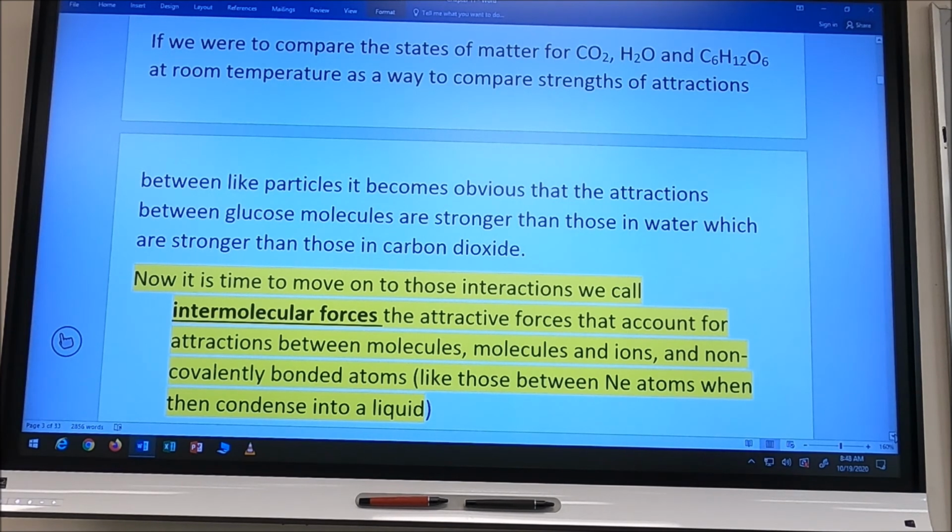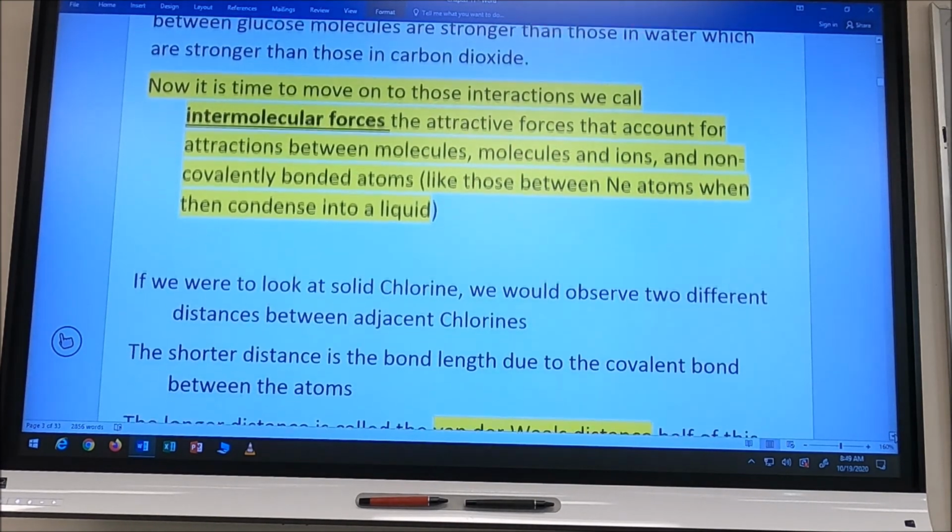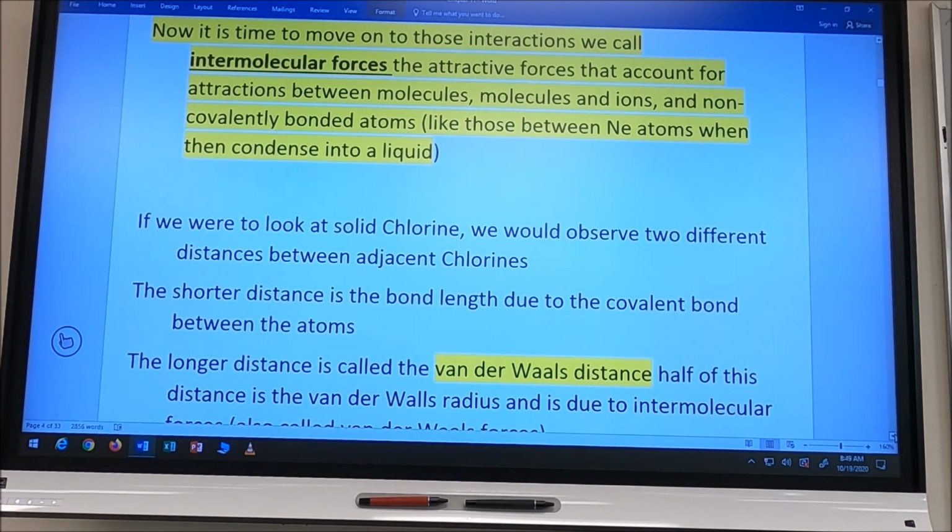Now, let's start talking about what these attractive forces are. These attractive forces are called intermolecular forces. Intermolecular forces, the attractive forces that account for attractions between molecules and ions, and non-covalently bonded atoms, things like neon or xenon or argon.